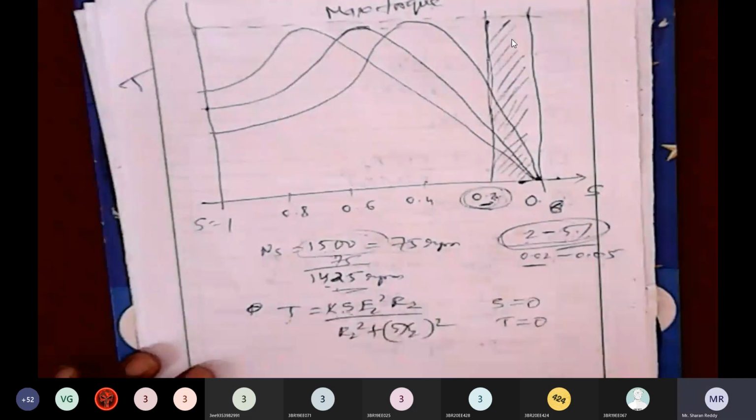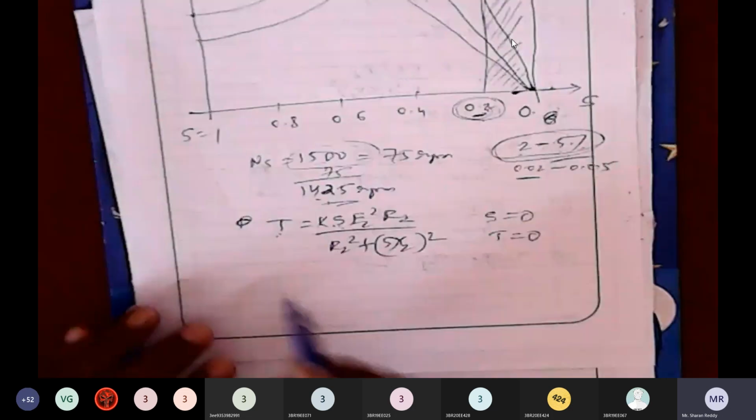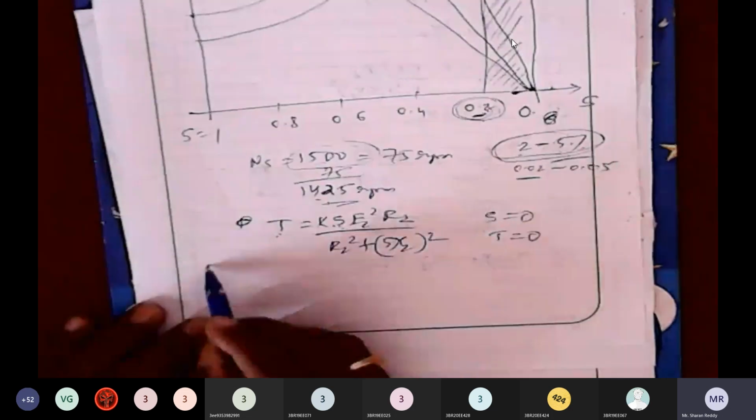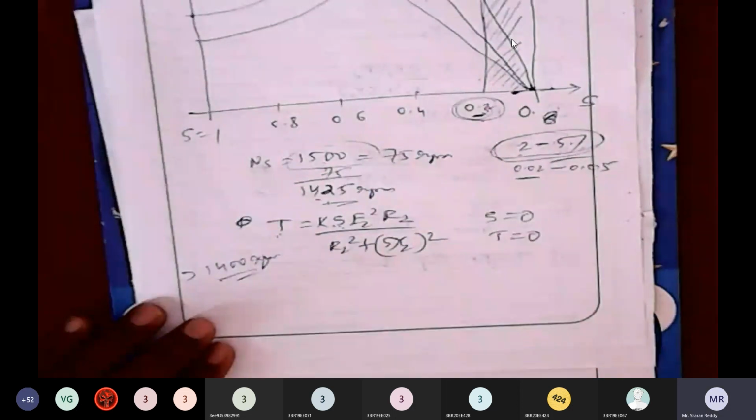Next, when the motor starts operating, its speed will increase, and it is running at, let us say, more than 1400 rpm. The normal operating range is 1440, 1460, 1480.